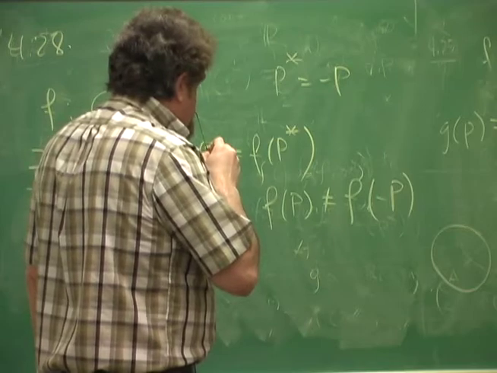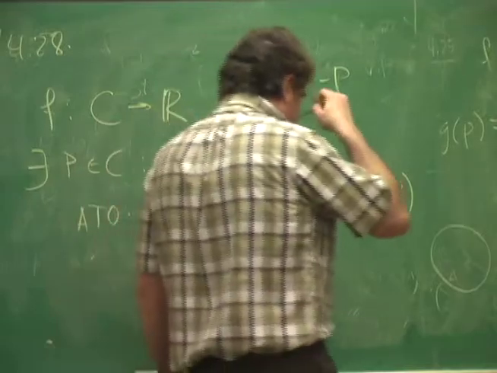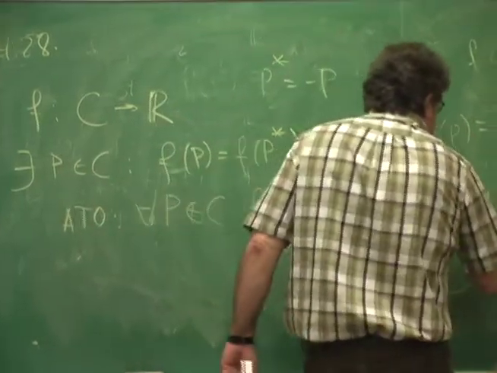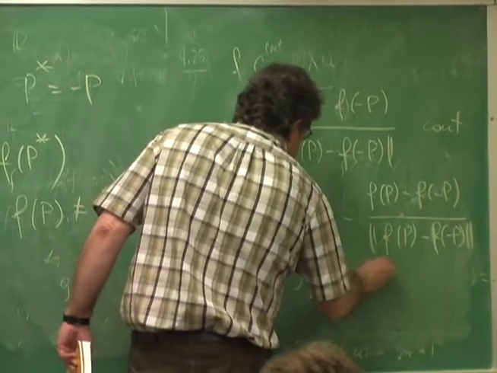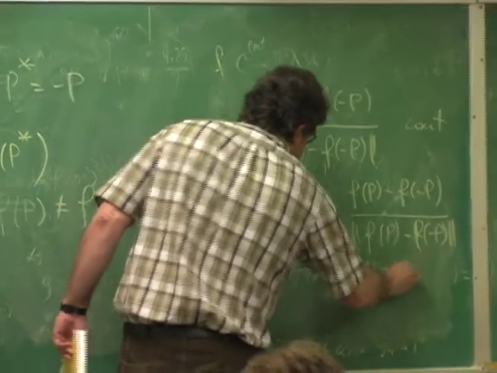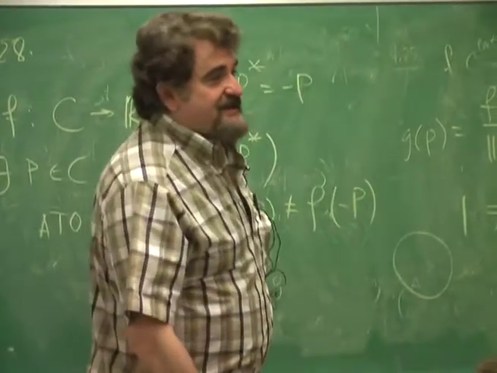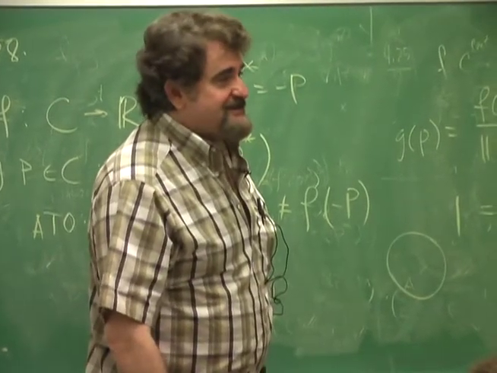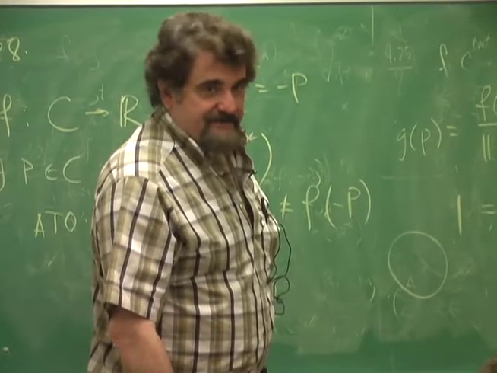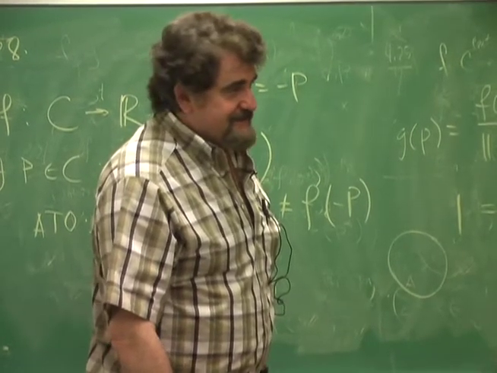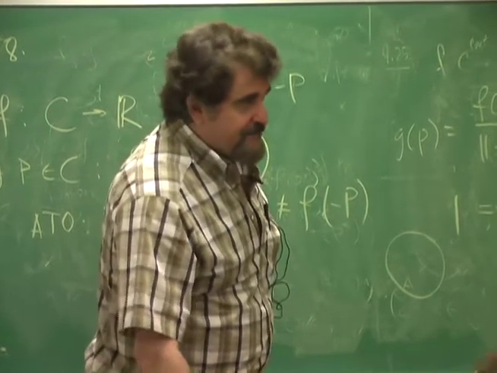And g of minus p is equal to minus g of p, which is minus 1. Sorry, it cannot happen. If it is always 1, it cannot sometimes be minus 1.